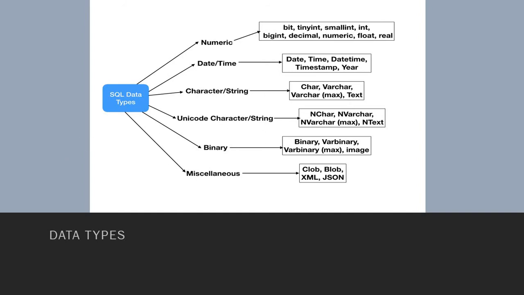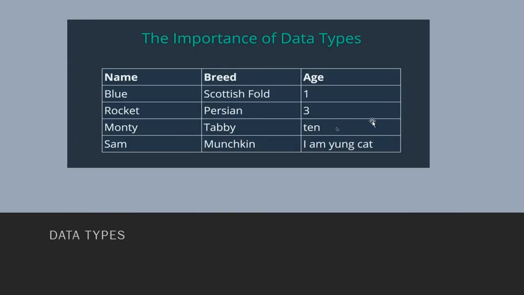Well, if you want to enter a value like the age of the cat as a numerical value, here we will use the data type int. And if it is characters, like a name, say the breed Scottish Fold, or the name Blue, that is text, where we use varchar.